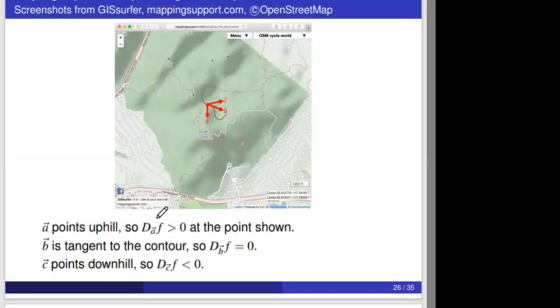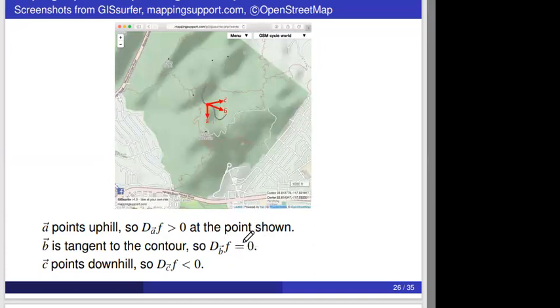If this value is positive, then a points uphill.